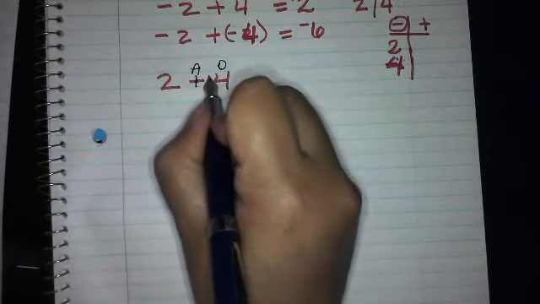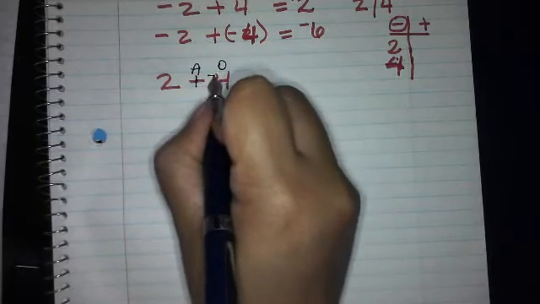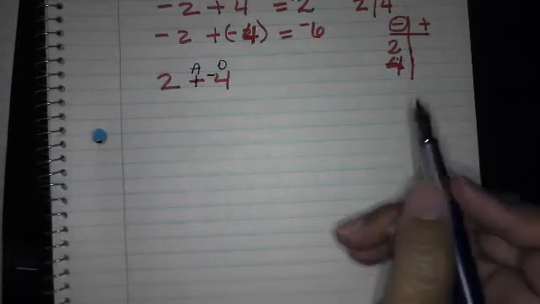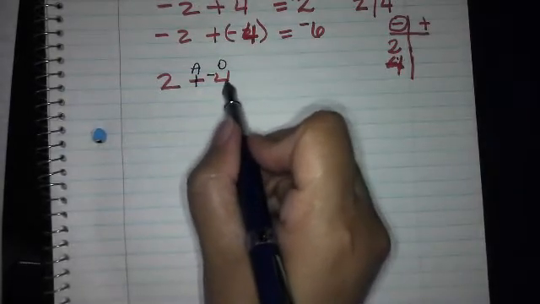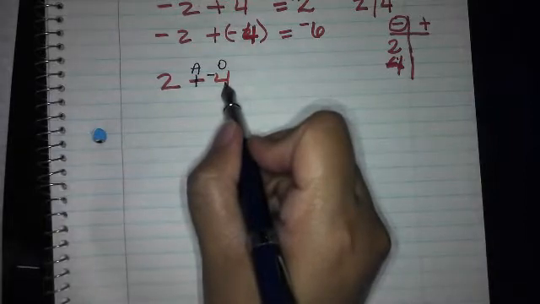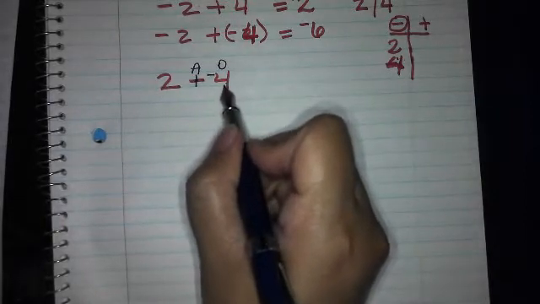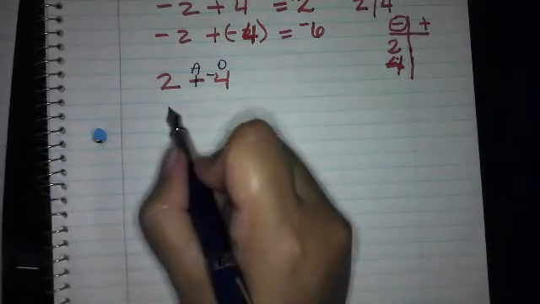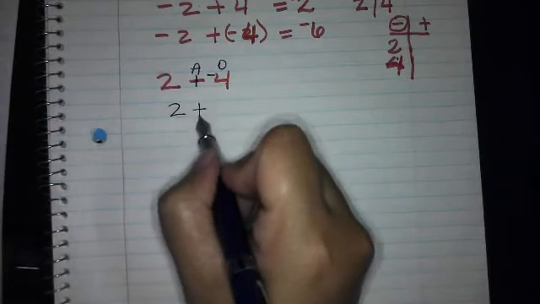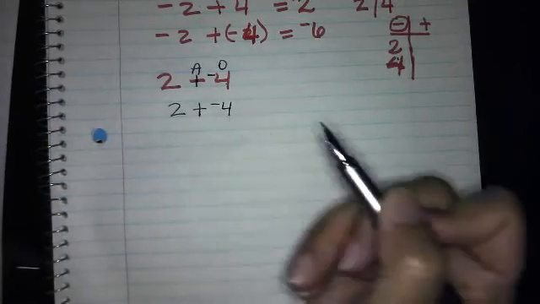Turn the 4 to the opposite. The opposite of 4 is negative 4. There are 2 changes you're making. 1, turn the minus to be an add. 2, turn the number behind the add to be the opposite. So that is now 2 plus a negative 4.